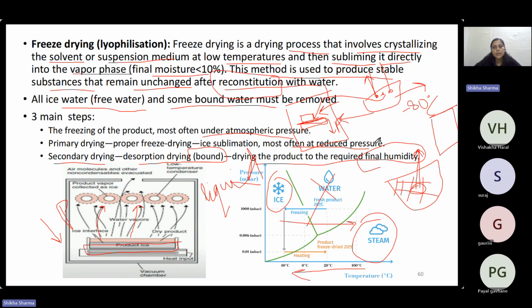So usually if you dip this apple slice into liquid nitrogen, all this water will be converted into ice within maybe 2 to 3 minutes. It will be a frozen product. You need not put it into -80.